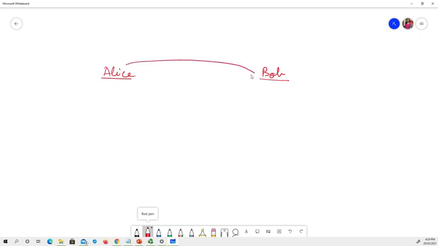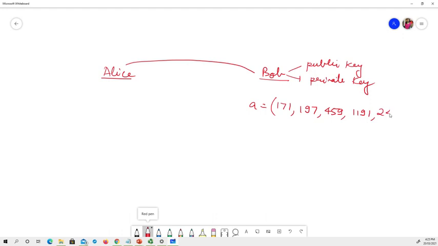Since Alice has to send a message to Bob, Bob would be generating a public key and a private key over here. But I will help you understand this. Here Bob would get a series of numbers. Let me give you certain numbers: 171, 197, 459, 1191 and 2410.